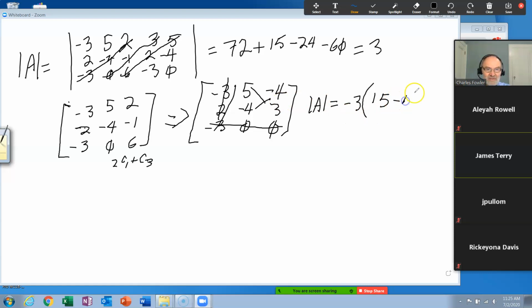Minus 16, and that would be negative 3 times negative 1, which is equal to 3. Same answer we got before doing our expansion of a 3 by 3.